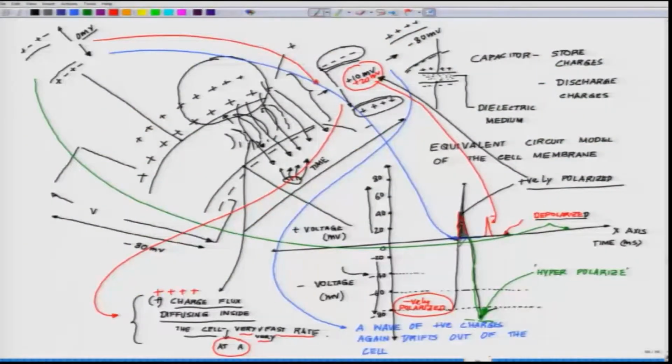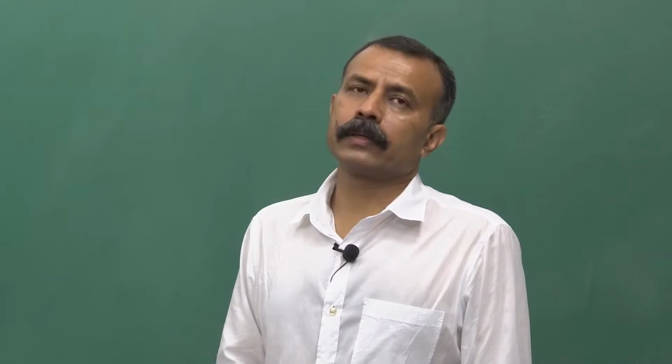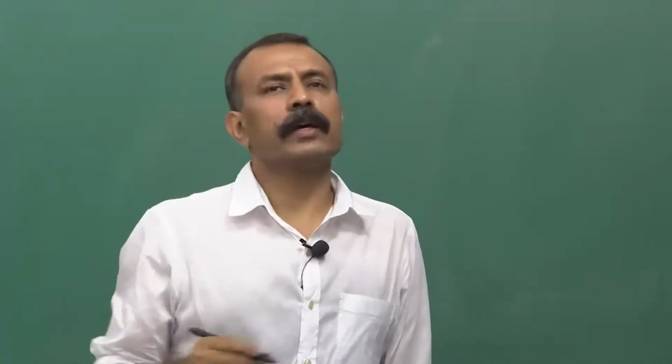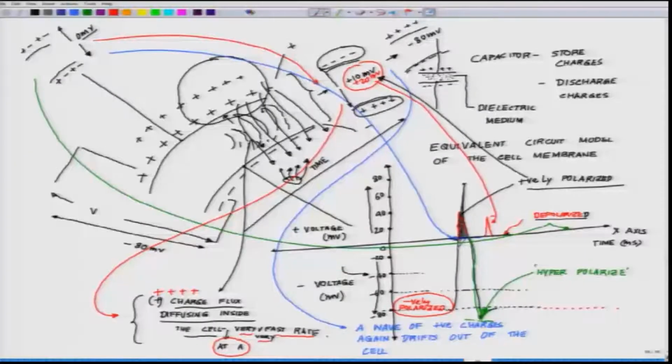Non-excitable cells maintain this value of minus 80 all their lifetime, whereas excitable cells very transiently change their polarity. They first become depolarized here, followed by that they become positively polarized and then they come back like this and then they become hyperpolarized, negatively hyperpolarized, and then come back to their ground state.